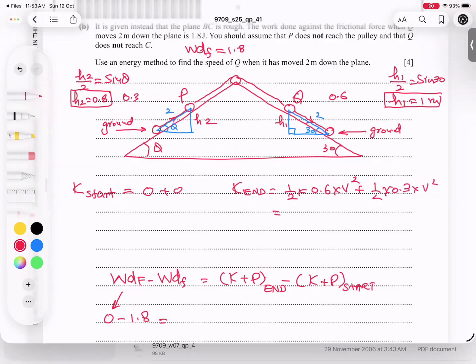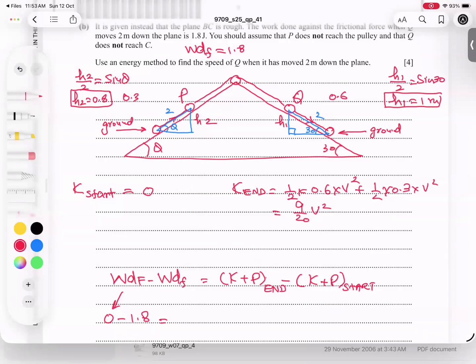If I type this in the calculator, half into 0.6 plus half into 0.3, I get 9 over 20 v square. So this is the kinetic energy at the end, I got it. Kinetic energy at the start is zero, I can say it directly.